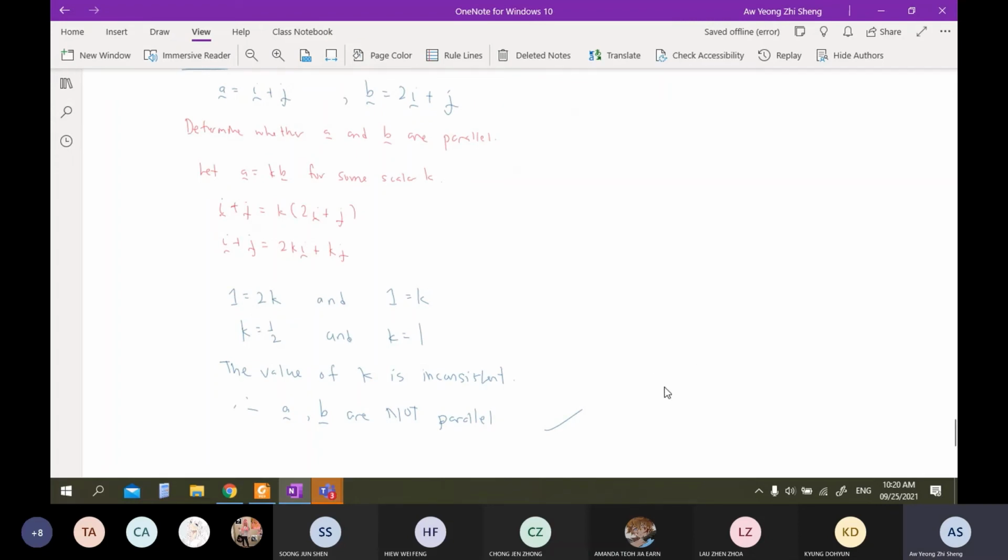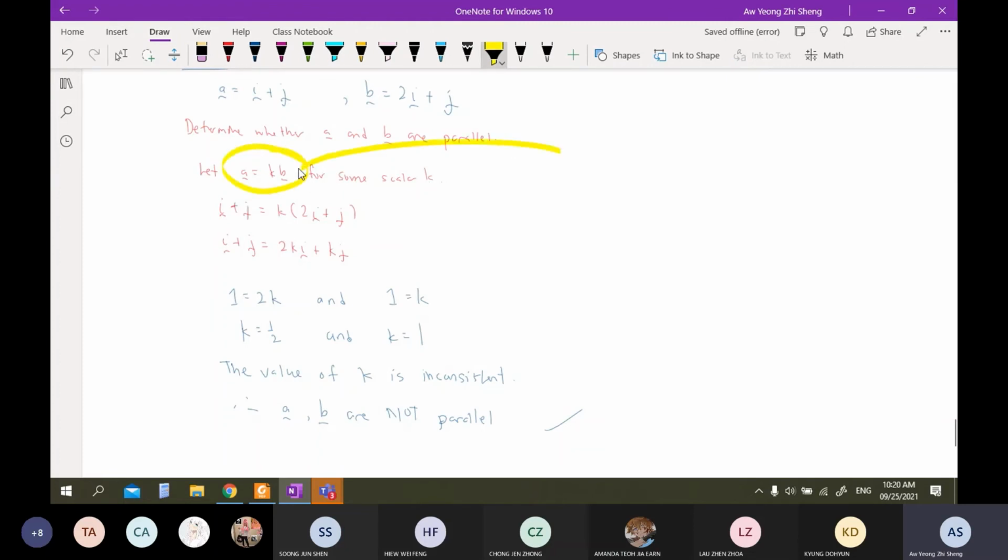It's because when you first form this equation, you are actually not sure whether this equality holds or not.